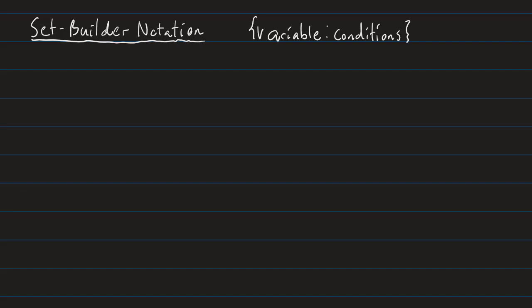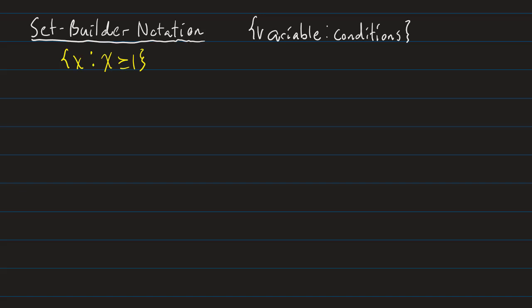I might just say curly bracket, x, and I'll put my colon. Usually when I write a colon, I read "such that," so I'll say x such that x is greater than or equal to 1. And there you go. That's an infinite set of every single number that's greater than or equal to 1.